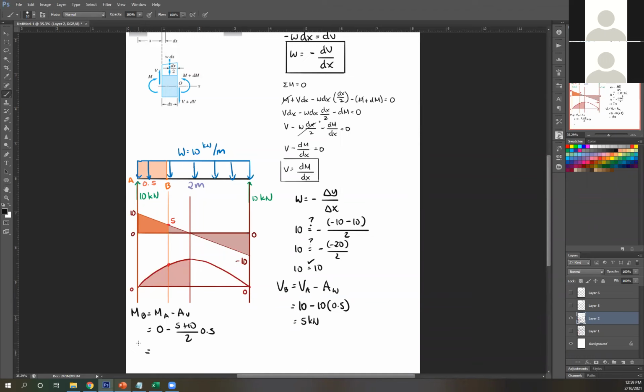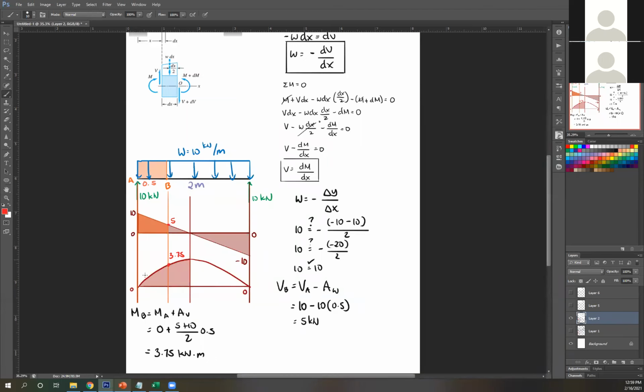Computing for that, you get 3.75 kilonewton meters. Therefore, this is 3.75.